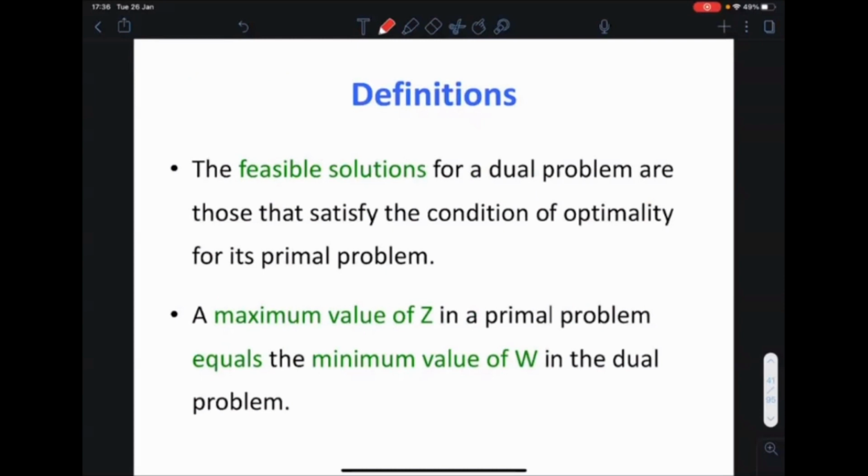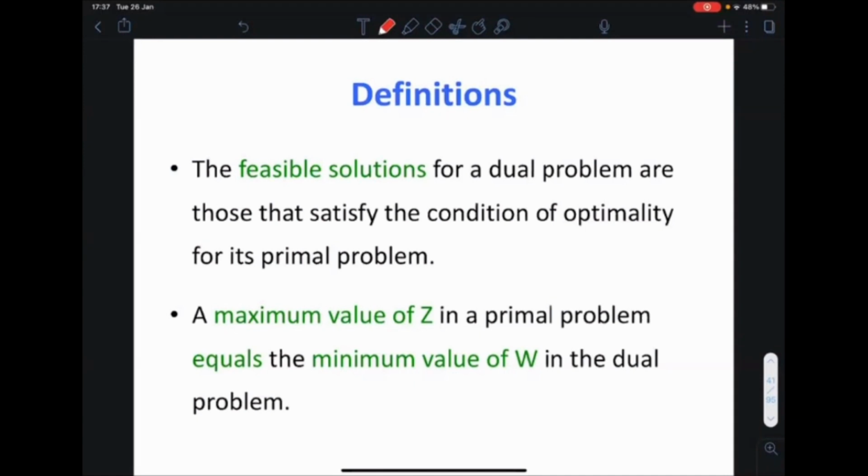Let's also have some more definitions. Feasible solutions for the dual problem are those that satisfy the optimality conditions of the primal problem. In other words, the optimal ones are the feasible solutions for the dual problem. The maximum value of the objective in the primal problem equals the minimum value of W in the dual problem.